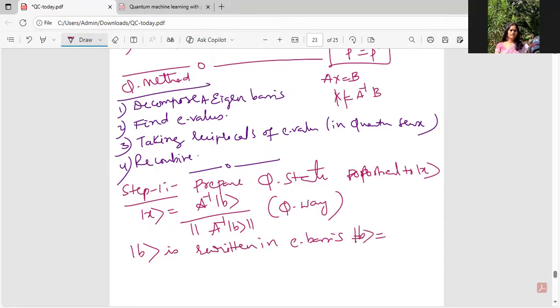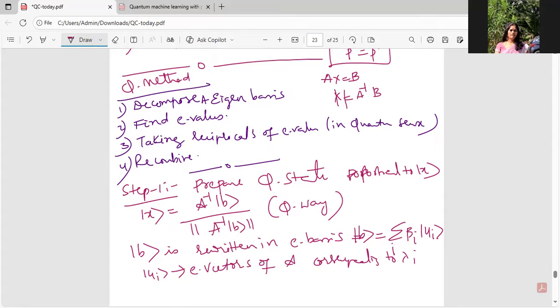Ket B is equal to summation i beta i ket ui. What are these ket ui's? These ket ui's are the eigenvectors of A corresponding to lambda i's.